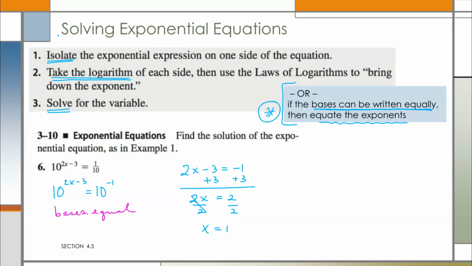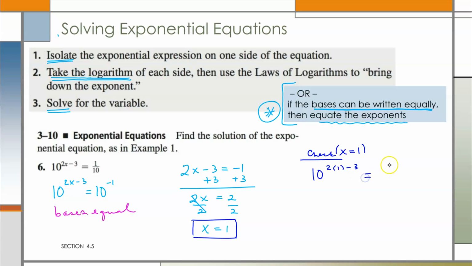Now, when solving equations, the nice thing is once you have a solution, you can always check to make sure that solution is correct. Okay, let's check our answer really quickly. We have 10 to the 2 times 1, because we're checking to see that x is equal to 1. We have 2 times 1 minus 3.